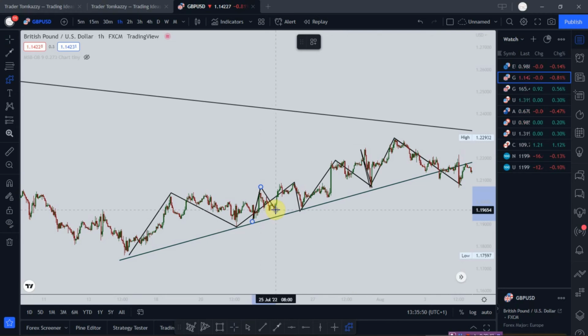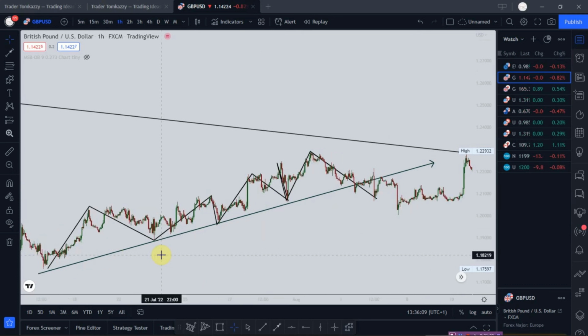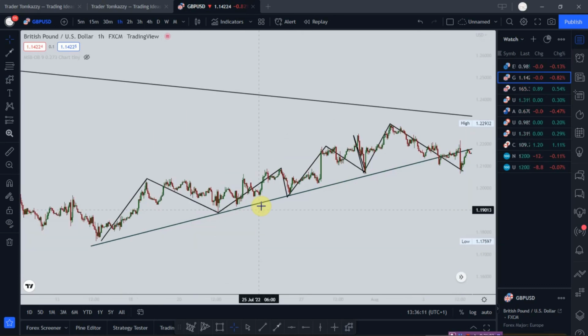Good. With this and this, you see that they are of equal high, so consider them as one. So that's it. This is an example of an uptrend forming higher highs and higher lows. This one over here, it's an uptrend, you can see it.